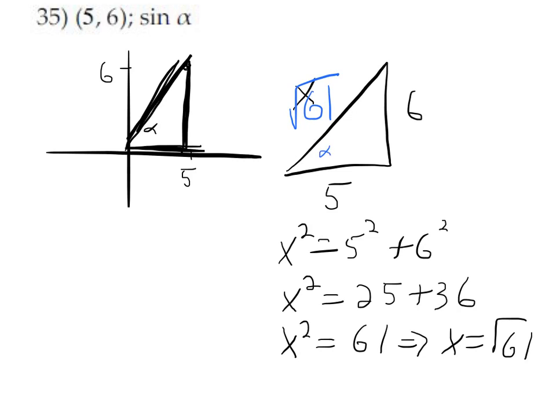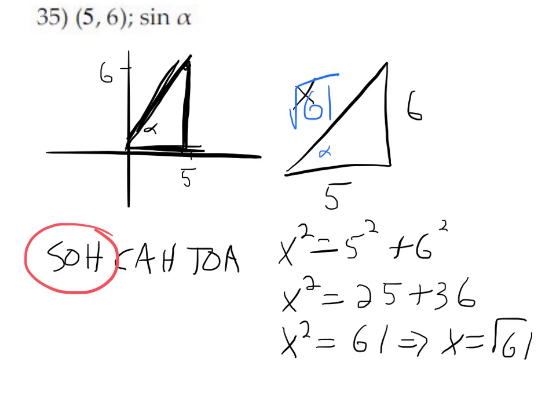All right, from SOHCAHTOA, we have that sine is opposite over hypotenuse. From alpha's perspective, opposite is 6. Hypotenuse is square root of 61. So we have sine alpha equals 6 over square root 61.